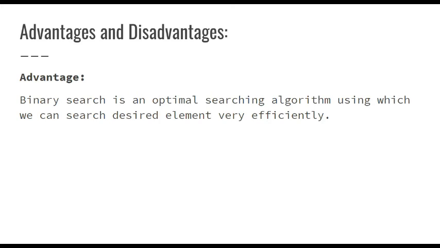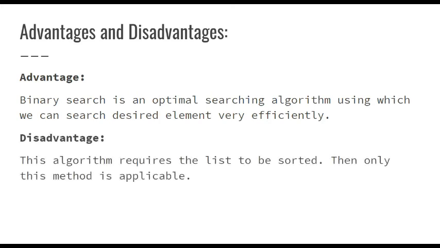And this is the main disadvantage. The algorithm requires the list to be sorted, then only this method is applicable. If our list is sorted, then we can apply this method on our list. If our list is not sorted, then we can't apply this method.